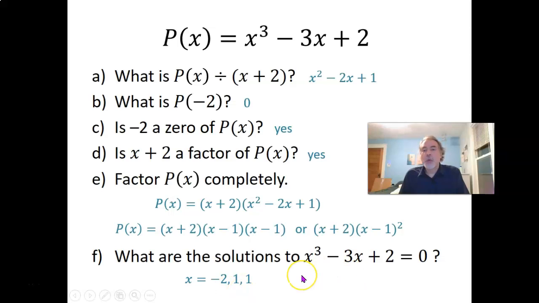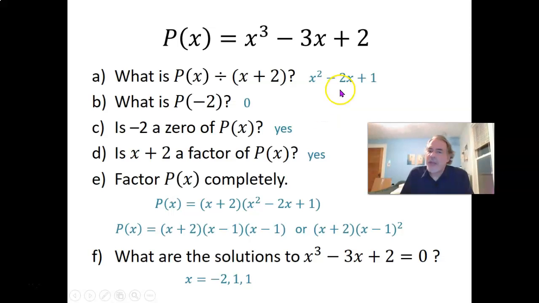But if I ask you, counting multiplicities, how many solutions are there? Well, there's these 3. There's negative 2, and then 1 appears twice on the list of solutions. So we call that a solution or a zero of multiplicity 2. A double zero.